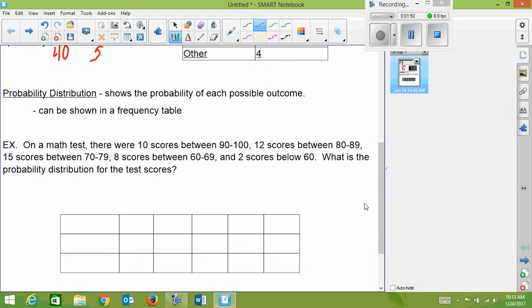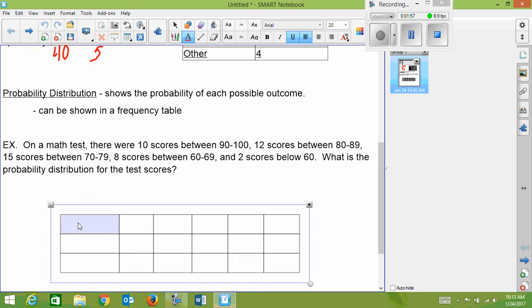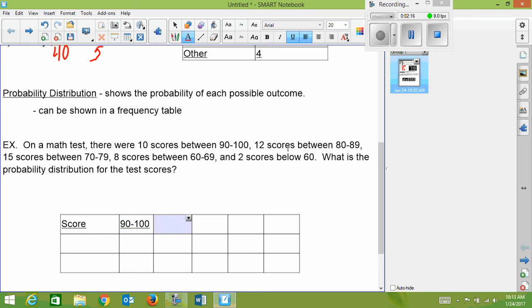I'm going to go ahead and make a little frequency table here. So I need to have scores. I have my scores here, 90 to 100. I'm just going to make a column for each one.